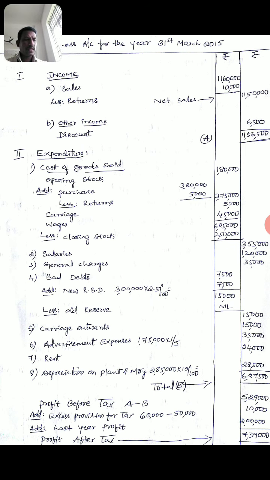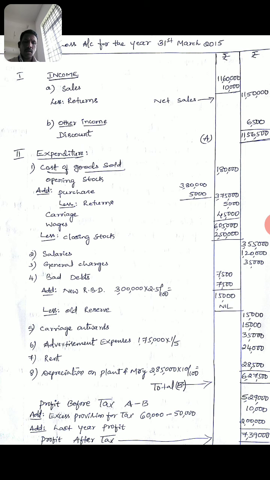Next, salaries of rupees 1,20,000, general expenses of rupees 35,000. Next, bad debts. In the problem they have given bad debts of rupees 7,500, and we can see in adjustment B they have given to provide RBD, reserve for bad debts, at 2.5%.